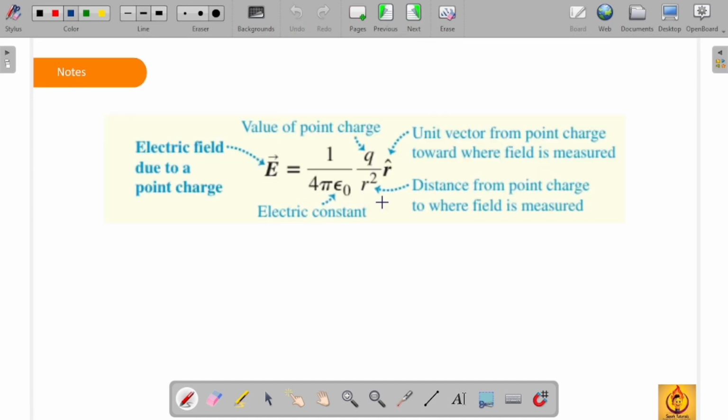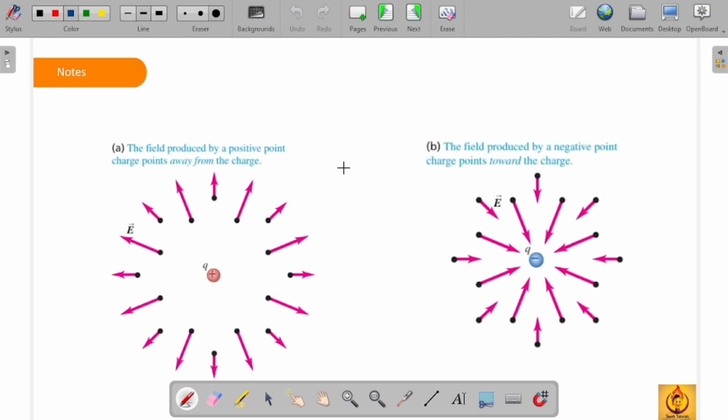Now this is the formula. As you can see, for the electric force, Coulomb's law, we had two charges, but because we divide by one of the charges, our formula now just has one charge. So we can move on.